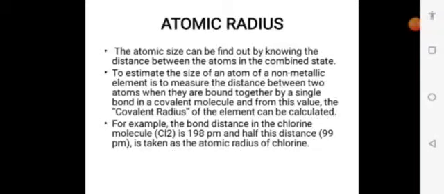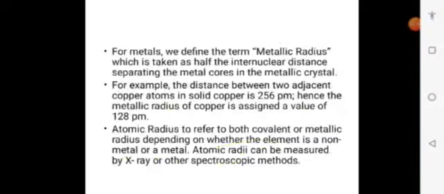But when we move left to right in a period, the atomic radius decreases because the number of shells remains constant, but the nuclear charge increases one by one, so the effective nuclear charge (ENC) increases.